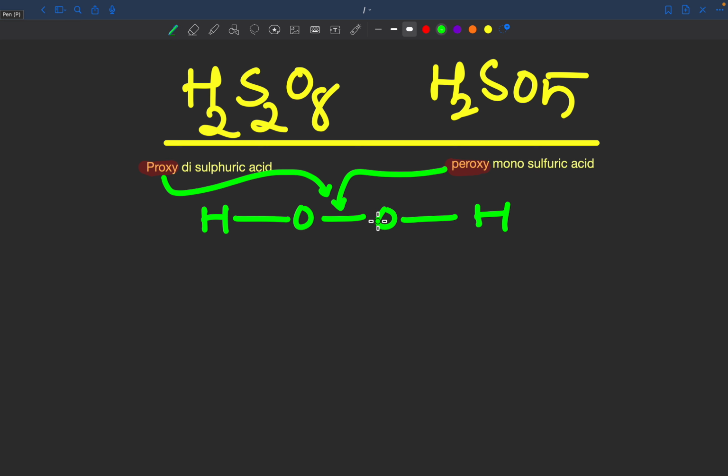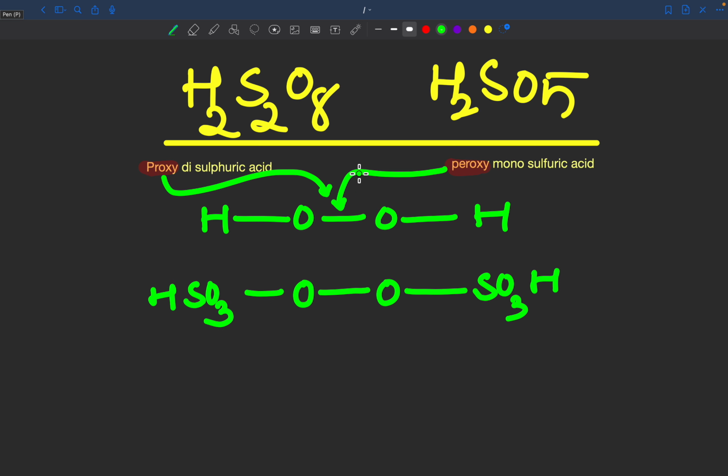What shall we do here? We keep the peroxy group as it is. So that is single bond oxygen and single bond oxygen. Here this hydrogen is replaced by SO3, and here also you got hydrogen but you got extra SO3. I'll mark what has been added here. This SO3 is extra added.